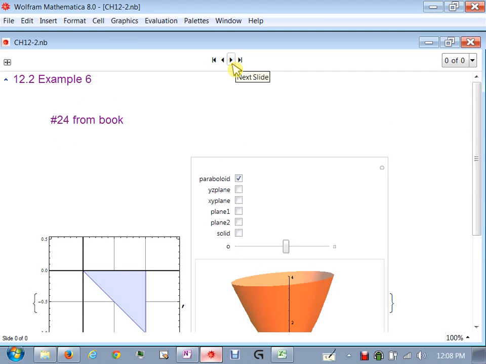Now, I don't know if these examples match up. So let me get my book out. We are in 12.2.